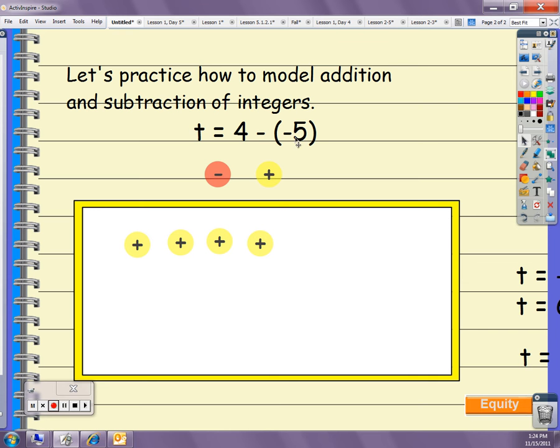So what I must do is add 5 zero pairs or 5 additive inverses. If I take a negative plus a positive, I'm really adding nothing to the mat because this represents 0. I'm going to represent 0 five times.